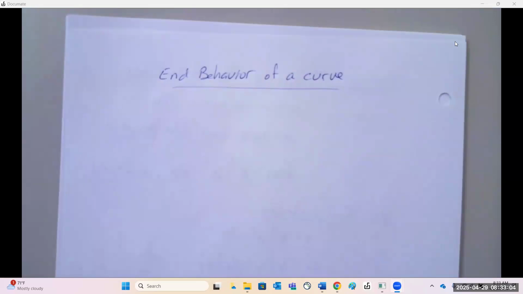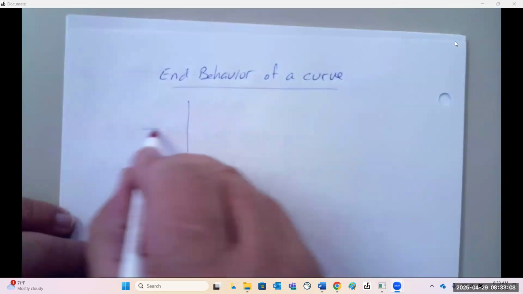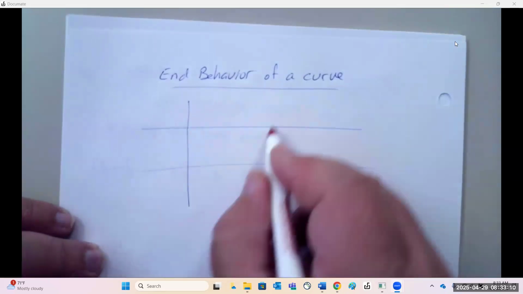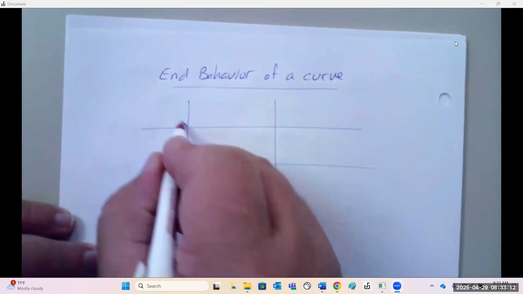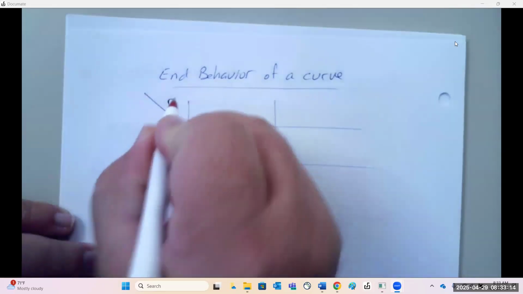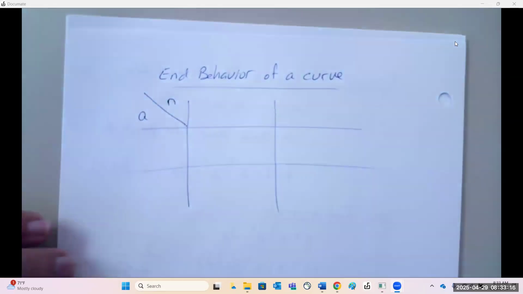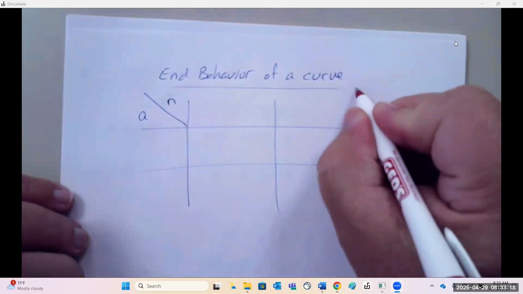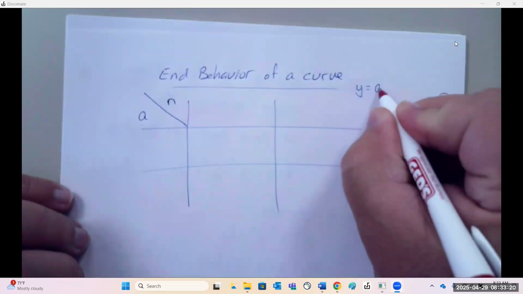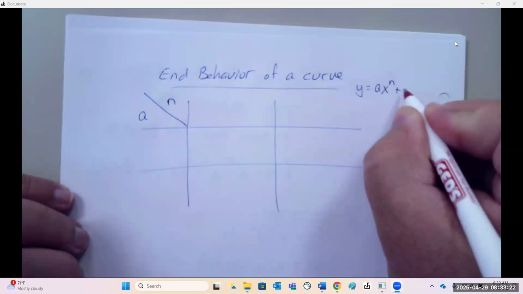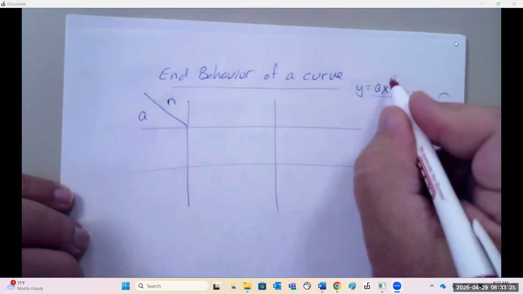What happens to those ends of the graph? Remember, every polynomial, we only look at the leading term.